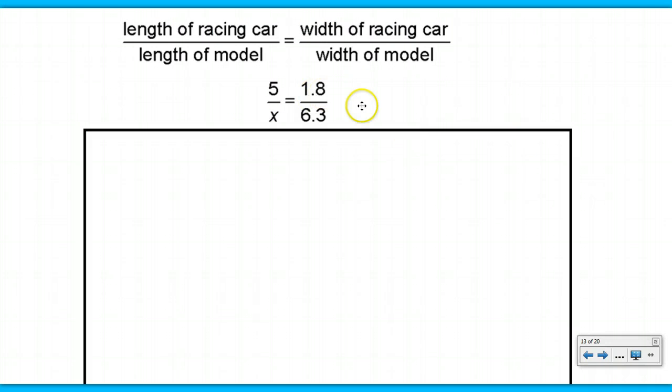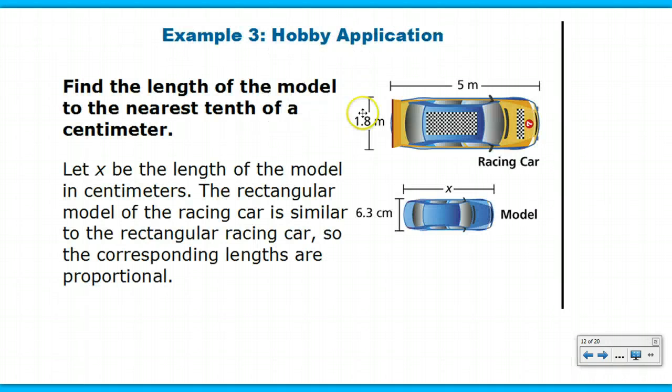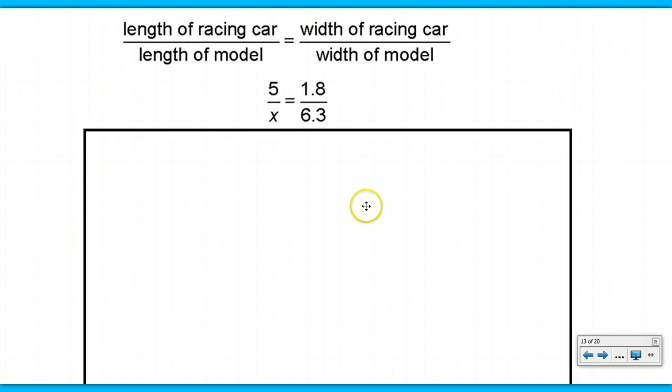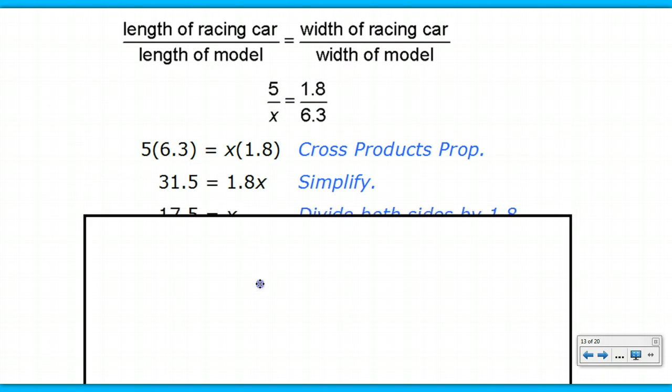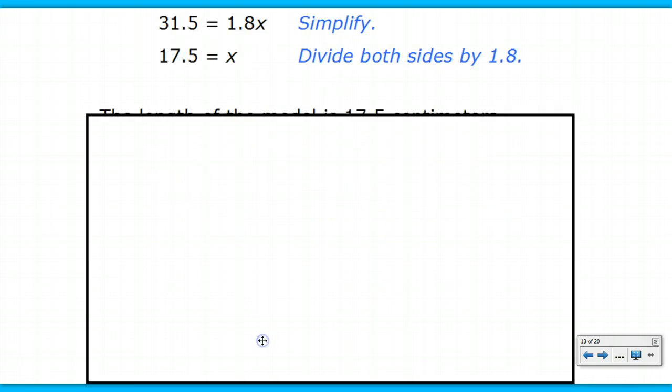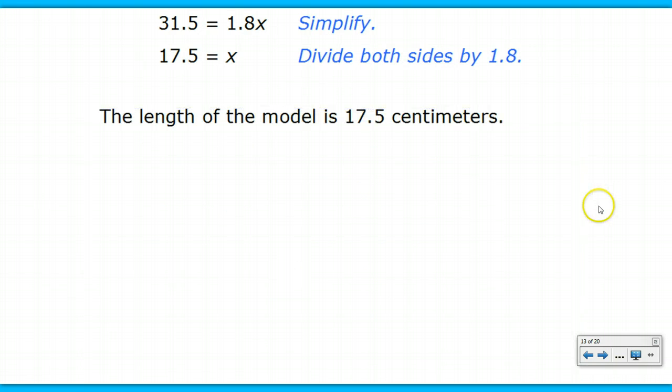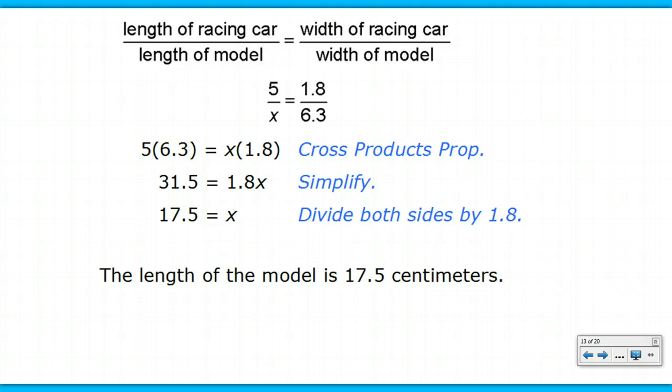So that should equal 1.8, which is the width of the racing car in meters, over 6.3 centimeters. And now we simply solve, and we should get our answer here, right? Cross products property, and we should have 17.5 X. X is 17.5, or 17.5 centimeters is the length of the model.